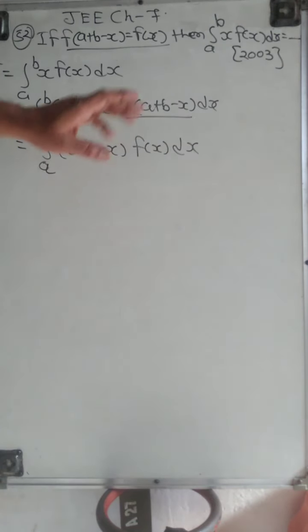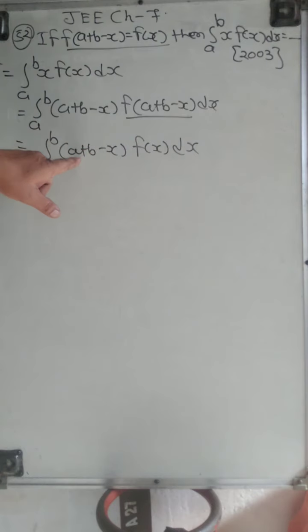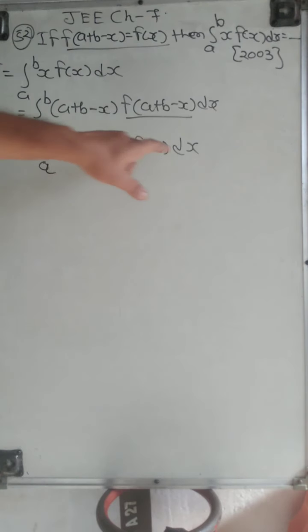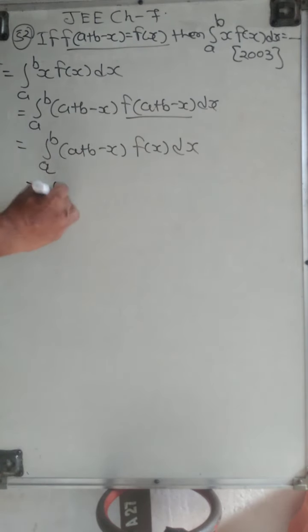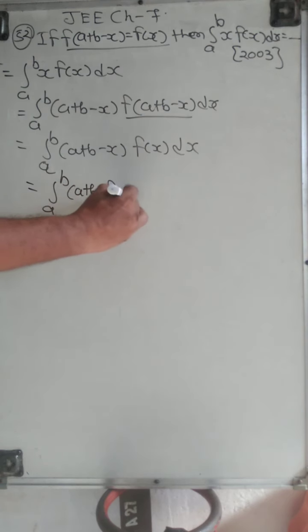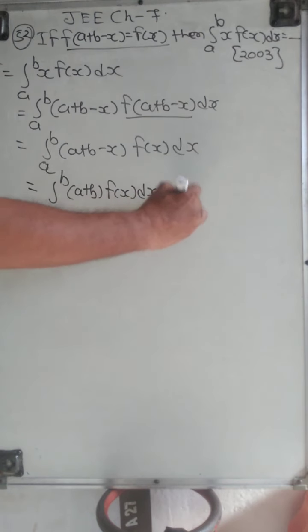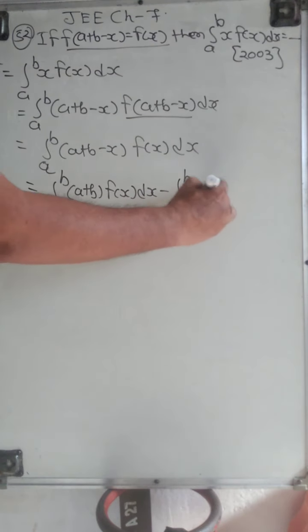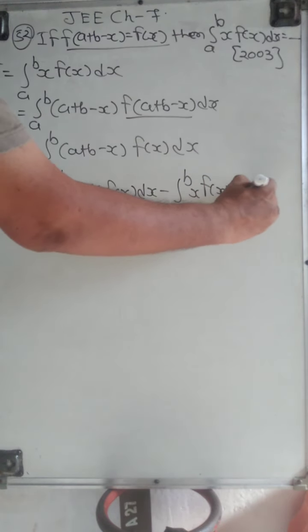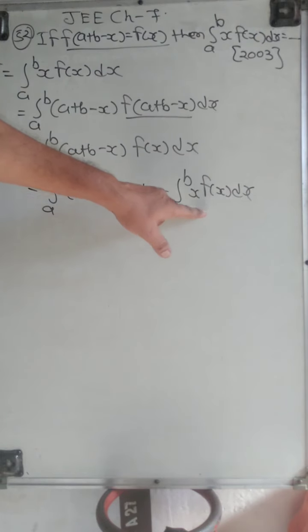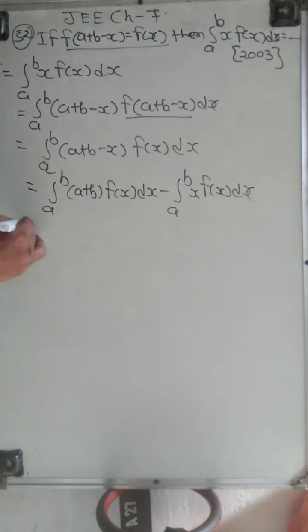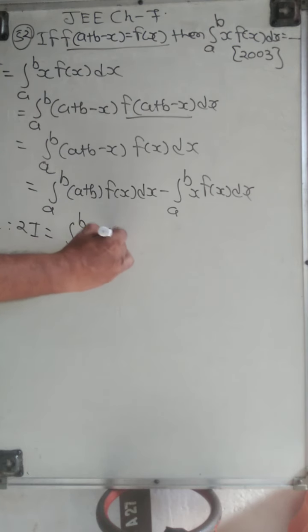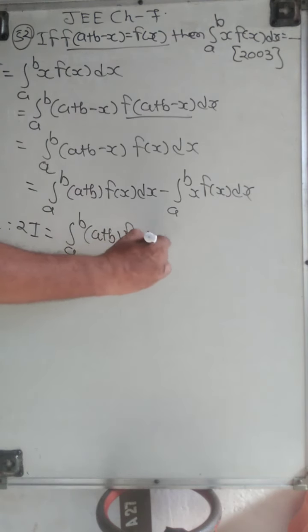Now what? We multiply this a plus b with f(x) and x with f(x) and then separate the integration: integration a to b (a plus b) f(x) dx minus integration a to b x f(x) dx. Now this is I. So again we take it to one side, then we have 2I is equal to integration a to b (a plus b) into f(x) dx.